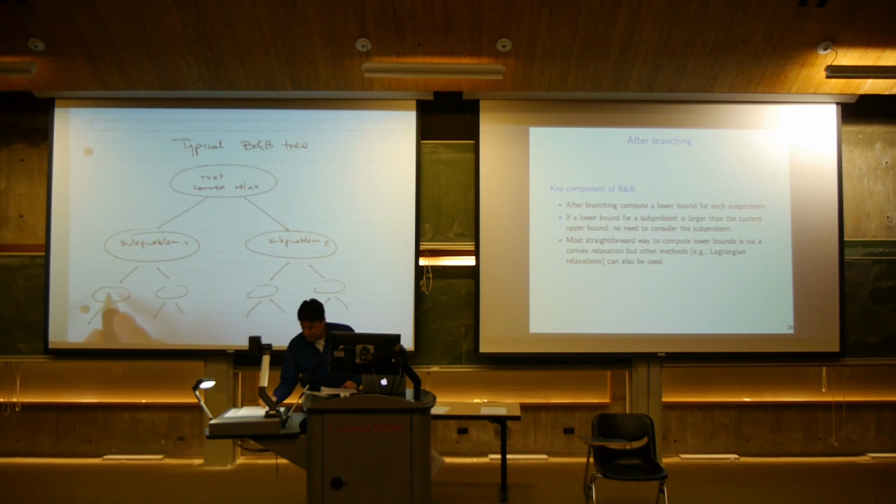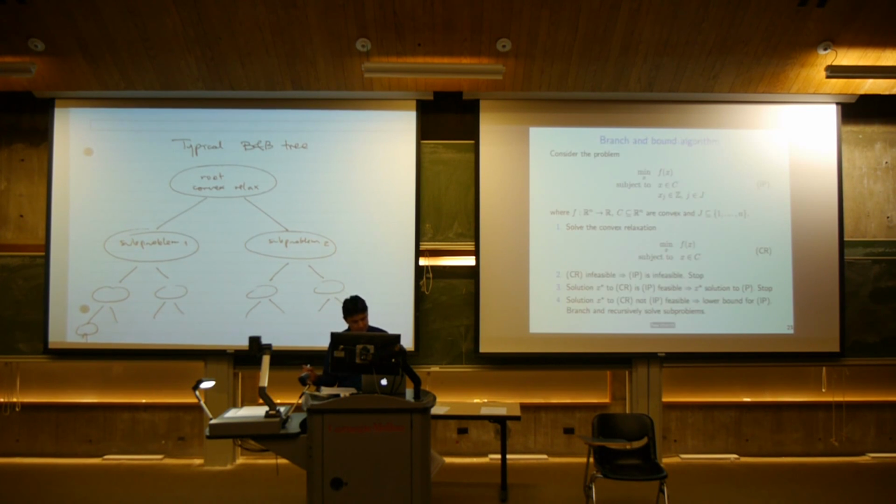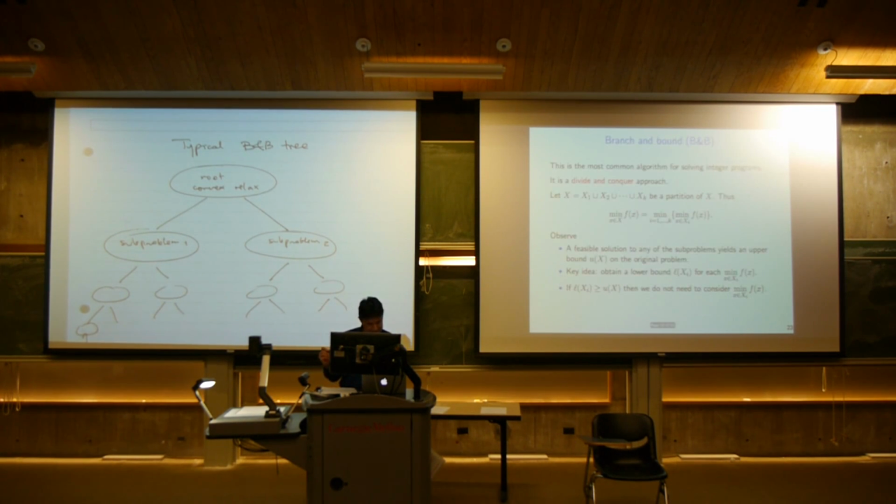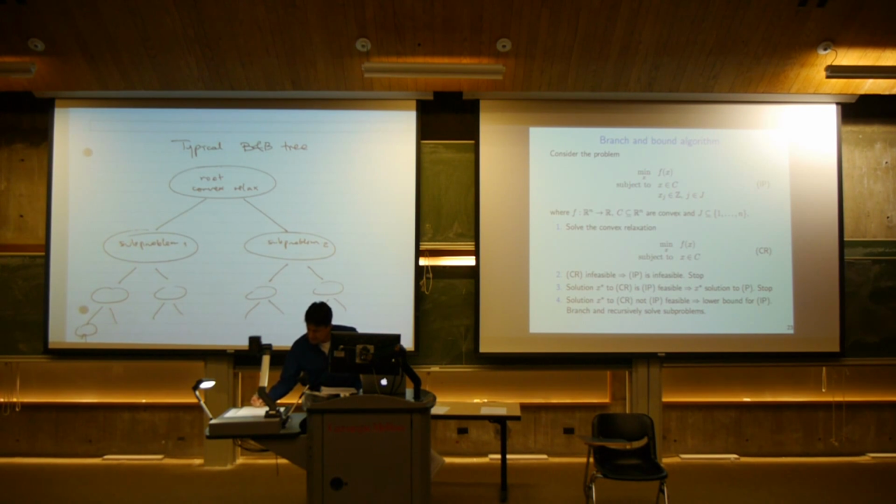But at some point, let's say we go down this path, and we find here some feasible solution to the integer program, okay? So this gives us U of x. So when we branch, we get U of x. If the lower bound here is greater than or equal to U of x, then all of this can be discarded.